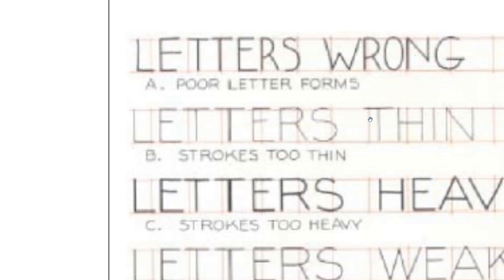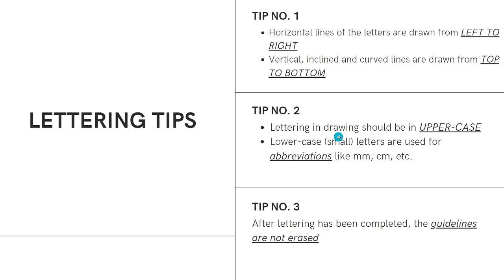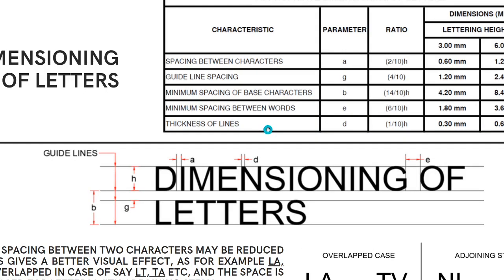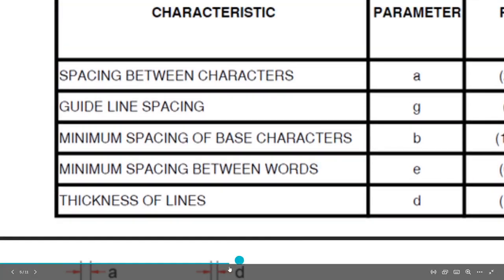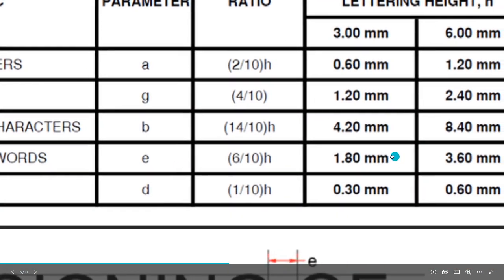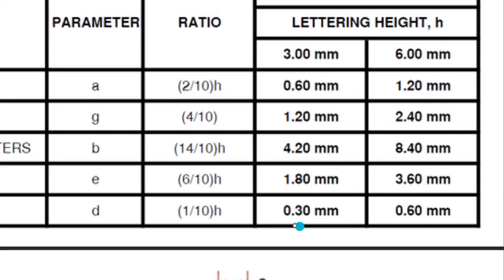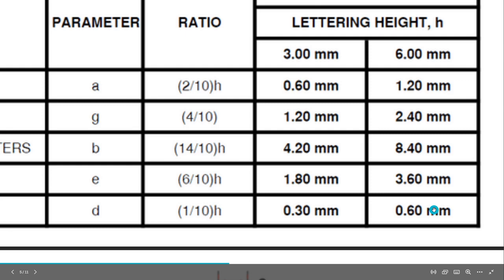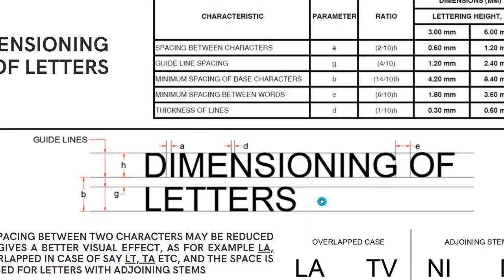As a guide for thickness of lines, if you're writing 3 mm text height, your pencil should be 0.3, way thinner than for 6 mm text height, which is 0.6 mm thickness. Okay?